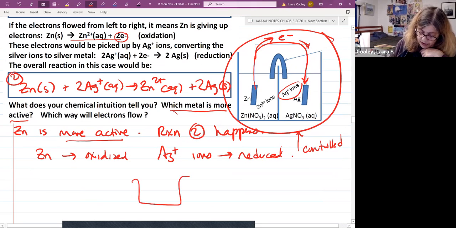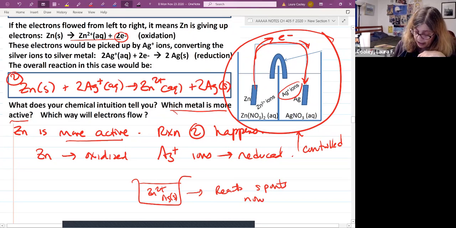If you just put the zinc 2 plus and the Ag solid, you wouldn't get any work out of it, right? It would just react spontaneously and you wouldn't get any work out of it. I mean, you don't even have a wire there for electrons to flow through.